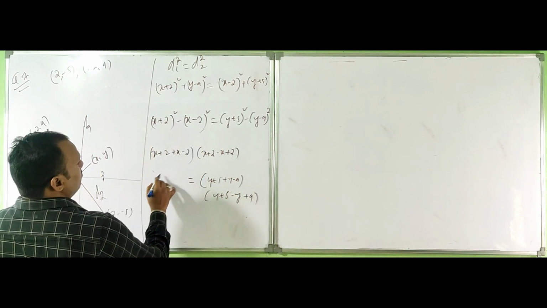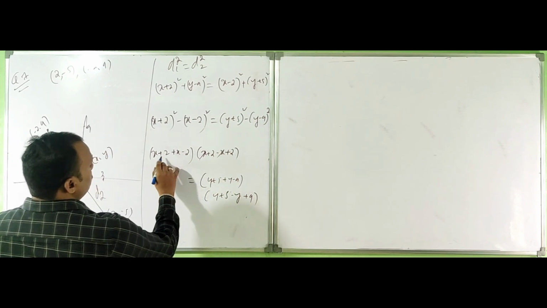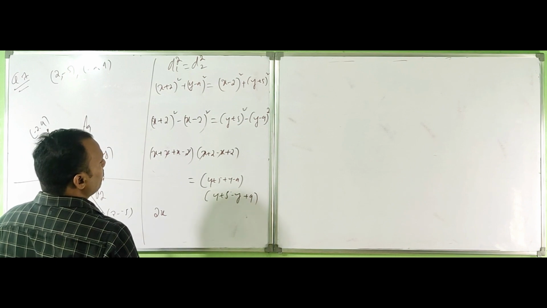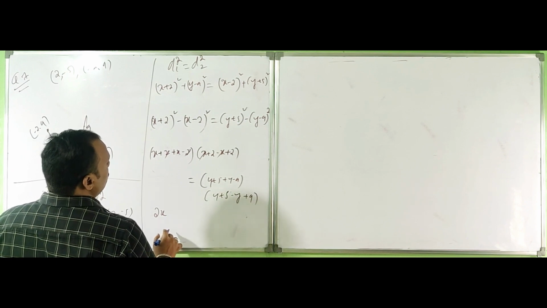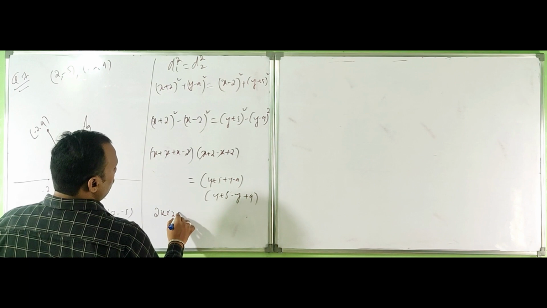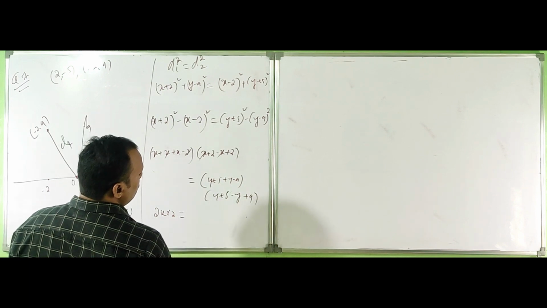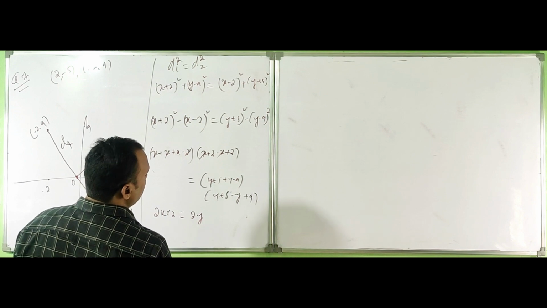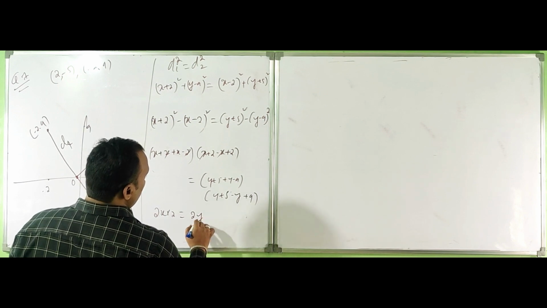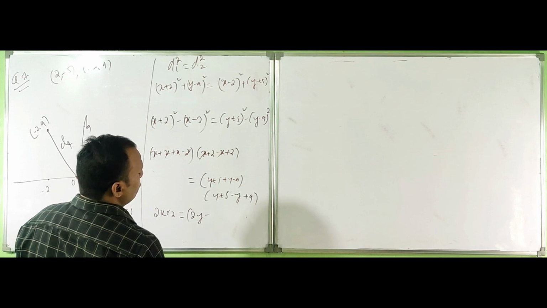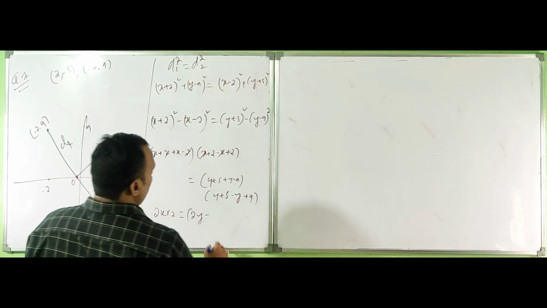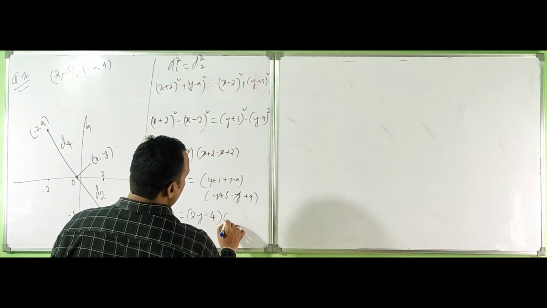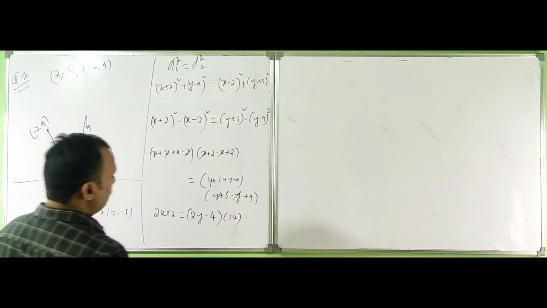The x gets cancelled, the 2 gets cancelled, here it becomes 2x into 2, equal to 2y minus 4 into y, which will get cancelled, this is 14.